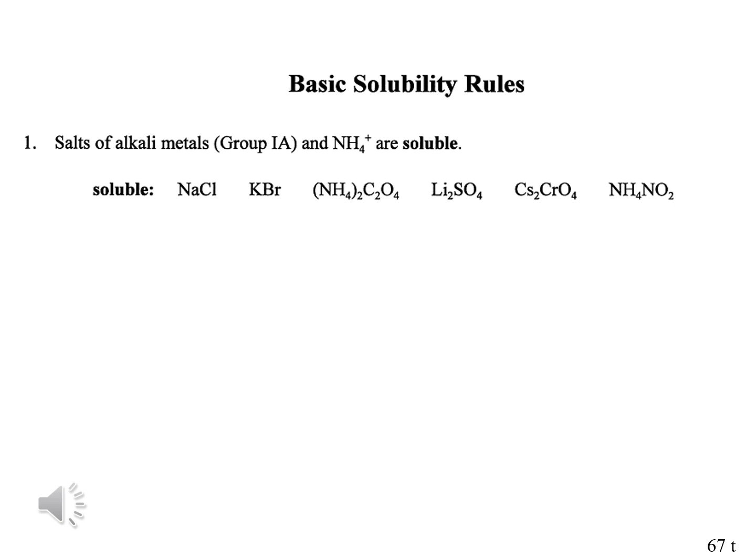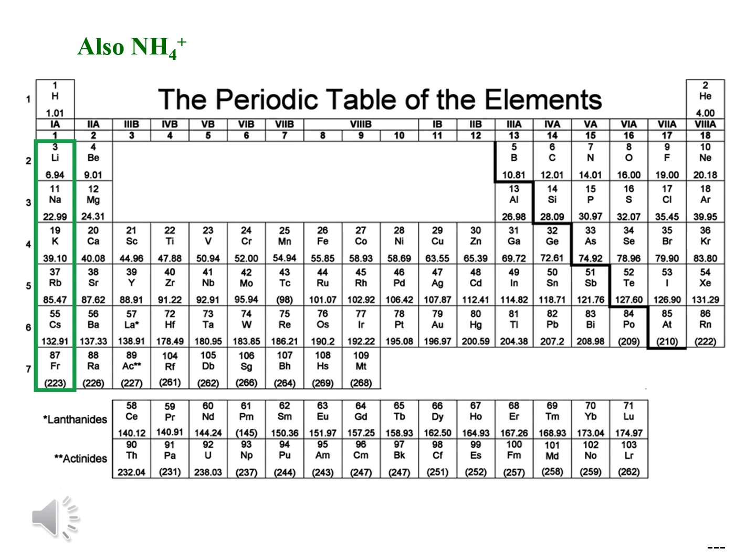If you see one of them in a compound, the compound will dissolve. So all the ions from group 1 in the green box here make everything soluble. And so does NH4+, which is a +1 ion that's not a metal, but it acts like a metal in that case. So ammonium salts are also soluble.